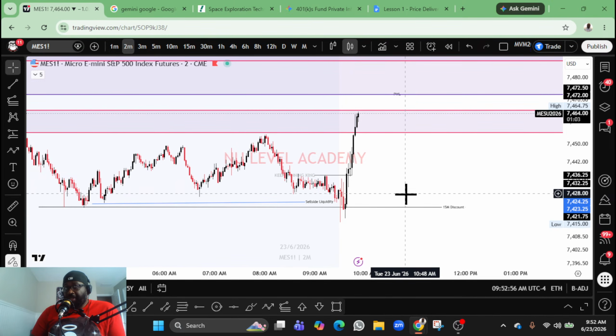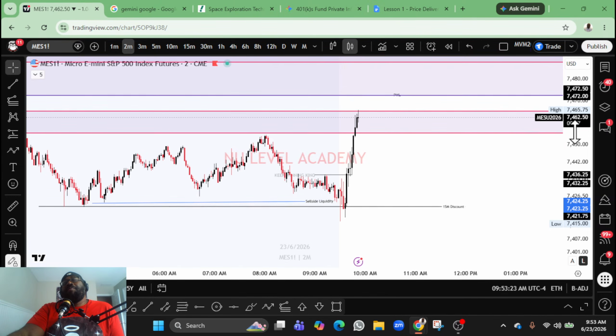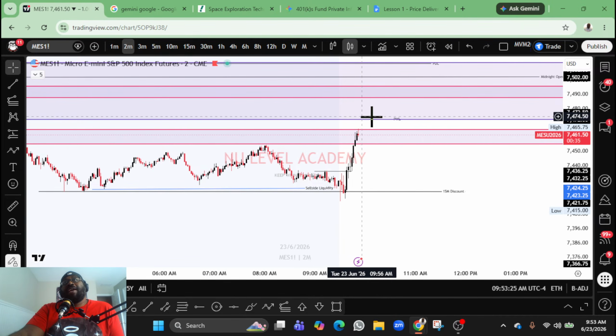We can be patient here. So what we're looking for, this could possibly be our manipulated move for today. It's not even 10 o'clock yet. That's why we're not so anxious. Give it some more time to see. But it did invert this fair value gap of what we have here. And we're entering back into the one we have on the 4 hour.